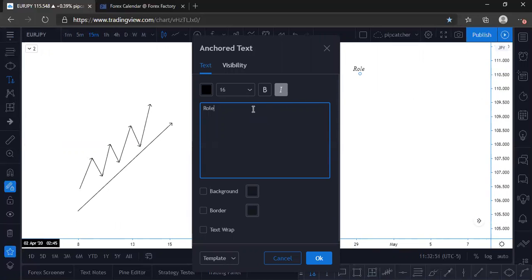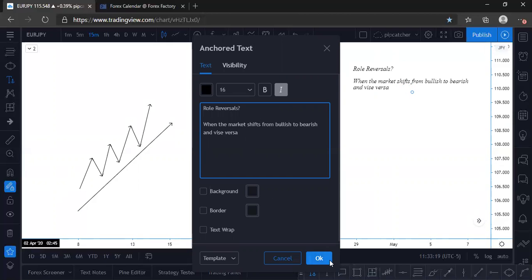So what do I mean by role reversals? I mean when the market shifts from bullish to bearish and vice versa.